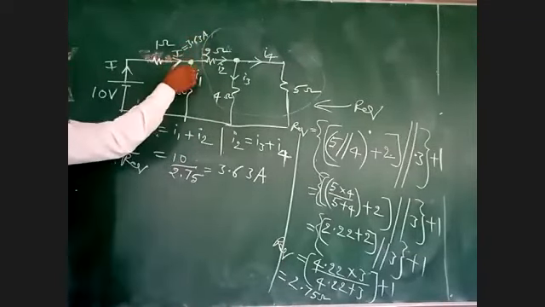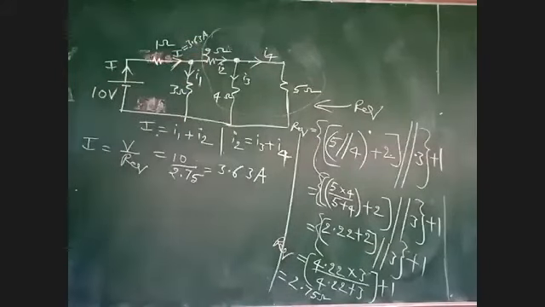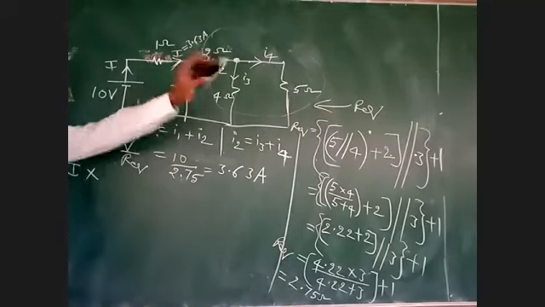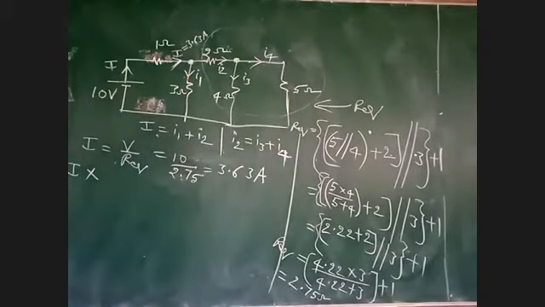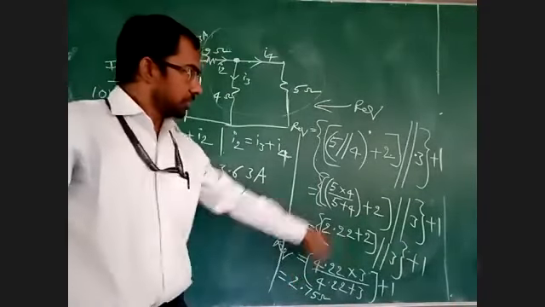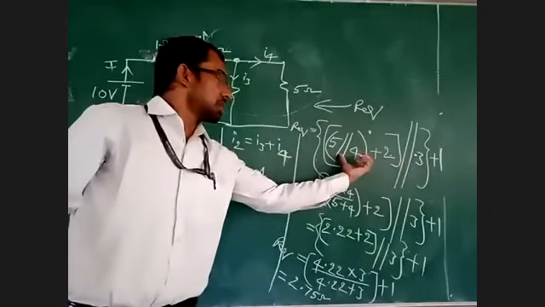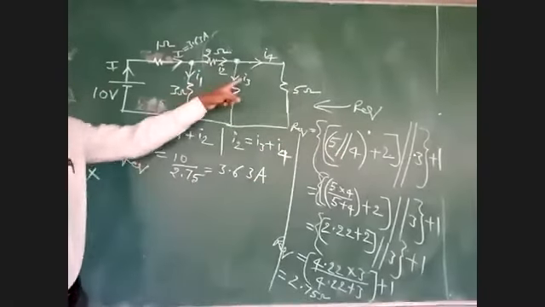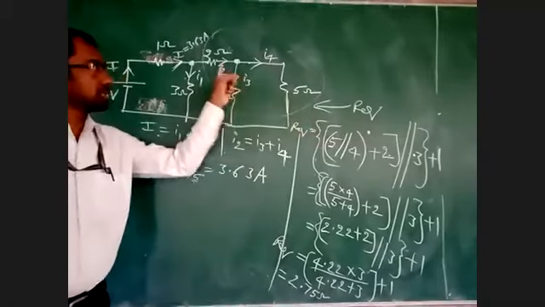Now this 3.63 is dividing in these two branches. First let us take I1. I1 is equal to the total current into the opposite branch for 3 ohms. For this 3 ohm, the opposite branch is 5 and 4 in parallel, in series with 2.